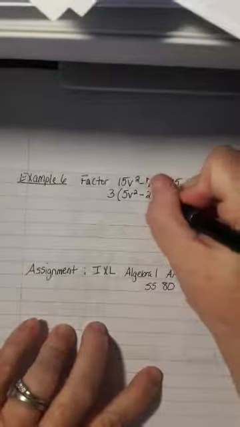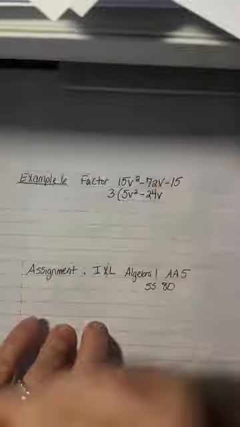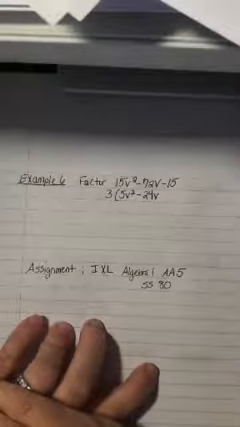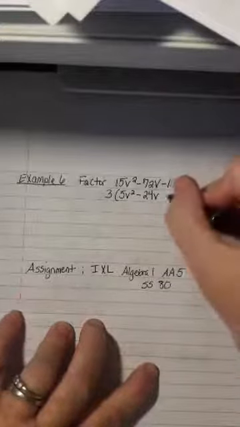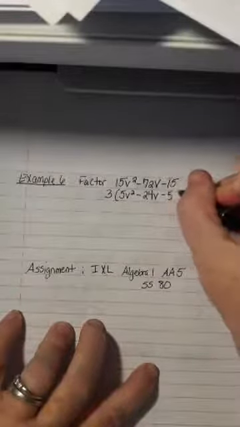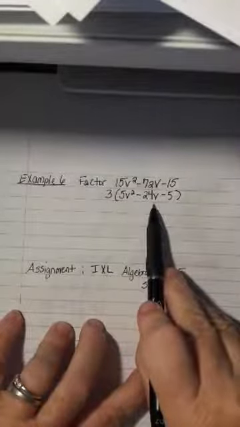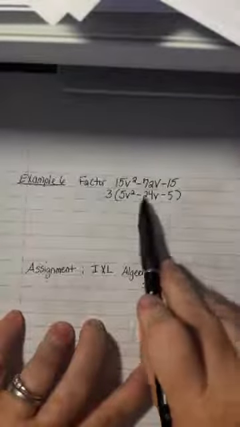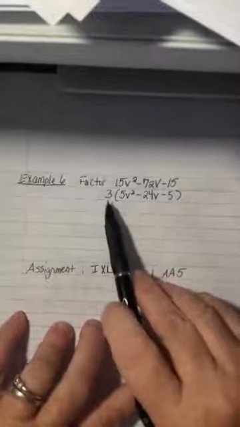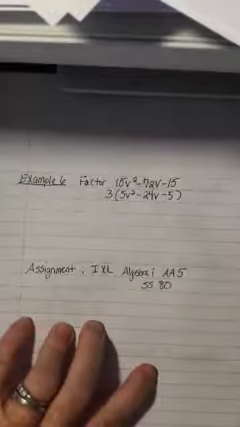Is it 24? I think it's 24. 24v. And then 3 goes into 15 5 times. So minus 5. Okay, so 5v squared minus 24v minus 5 is left in the parentheses when you pull your GCF of 3 out.